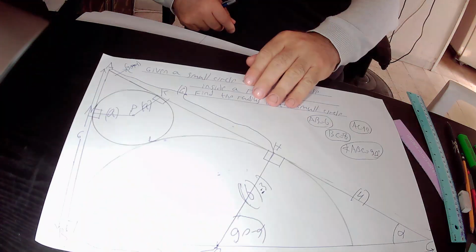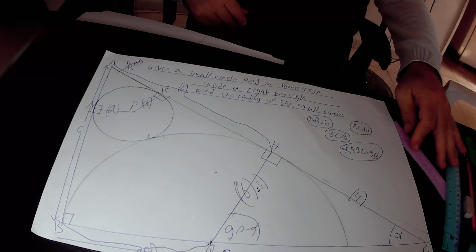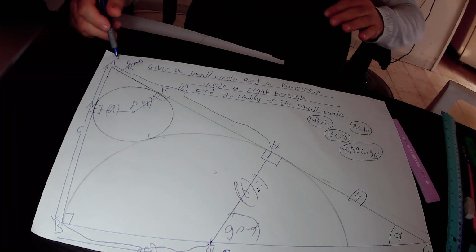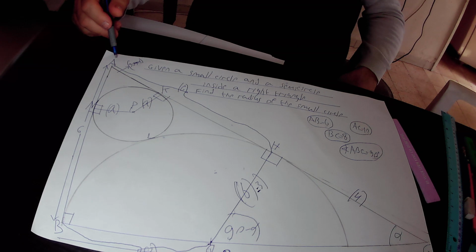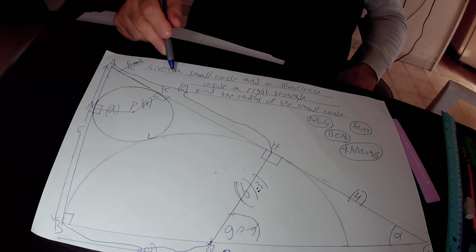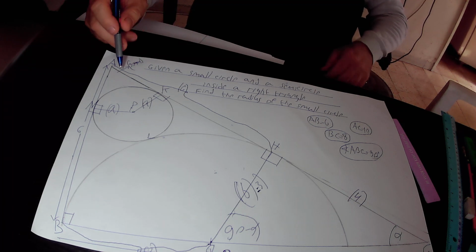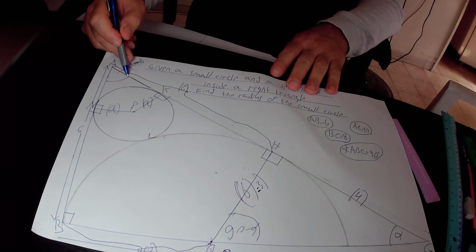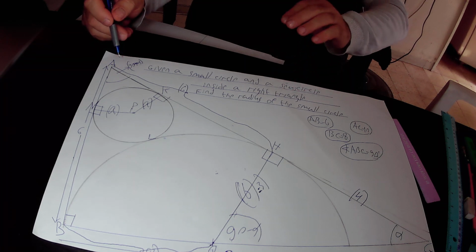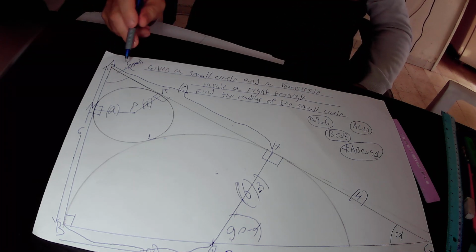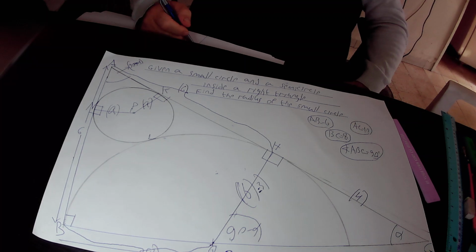Why? Because in our drawing, we will focus on this common external point, point A. From this common external point A, we have two tangents to the small circle, tangent AN and tangent AK. By drawing the two tangents AN and AK, we get the angle A. Again, this angle A is created by drawing tangent AN and tangent AK to this small circle.